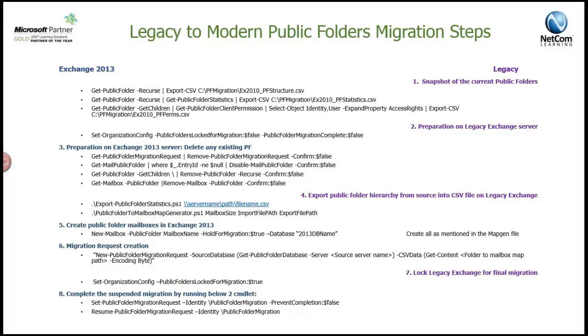If there is one, it will remove it. If there's nothing, it won't do anything. So there's no harm in this command, even if you don't have a public folder migration request available. So all 4 commands are removing either the public folder, the public folder's child, or the mailbox of the public folder.